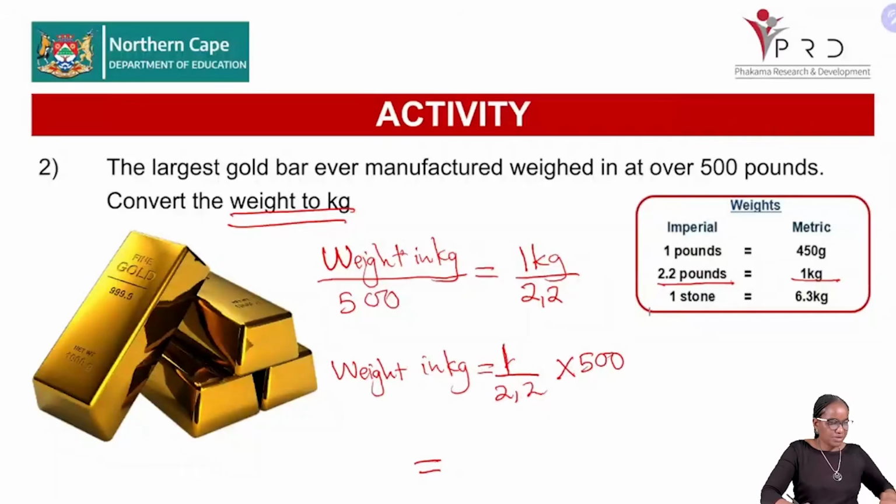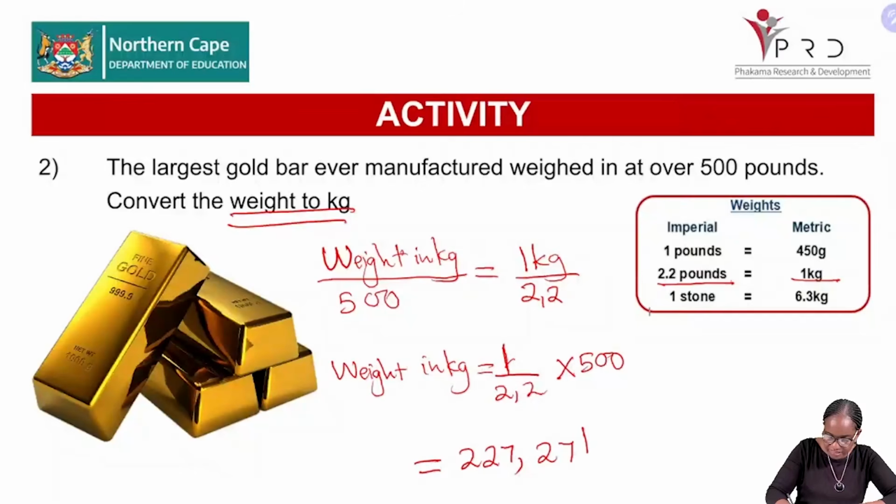Punch that in your calculator, class. What do you obtain? Right, you find your answer as 227.27 kilograms. I've rounded this to 2 decimal places. It was 227.26667. So I round it off to 2 decimal places.